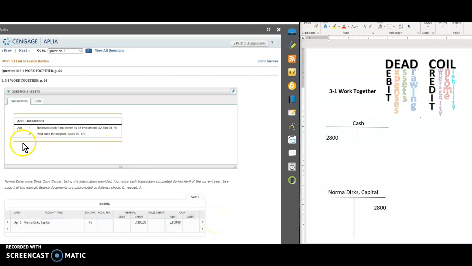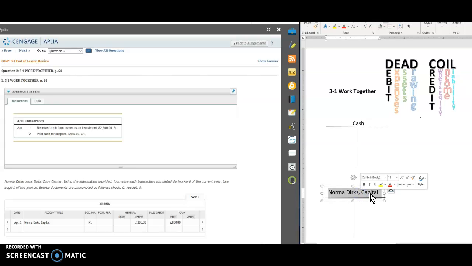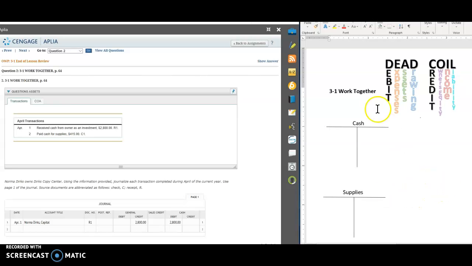All right. So our second transaction, paid cash for supplies. So again, I have cash. It's a different amount, so I'm going to go ahead and delete that for now. And then it's not going to be capital. It is supplies. Paid cash for supplies. Now cash and supplies are both assets, but I am paying cash, which means cash is going down.